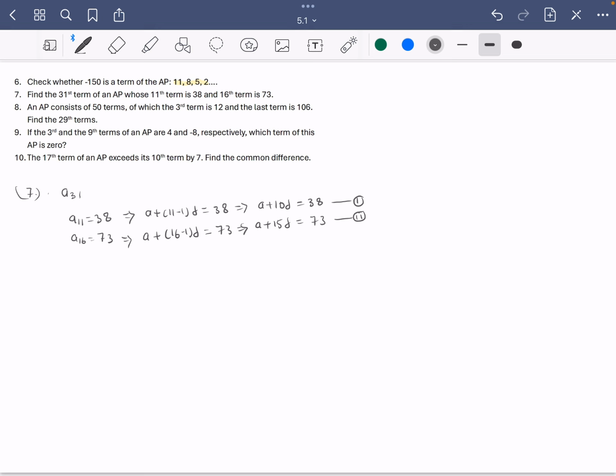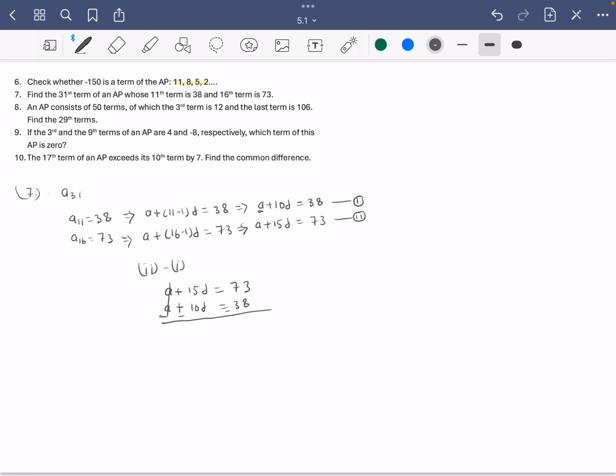Now I can subtract 1 from 2 to eliminate a term, let's say a here. So I'll subtract equation 1 from equation 2, that is a plus 15d equals 73 minus a plus 10d equals 38, and this is going to be negative, negative, negative.